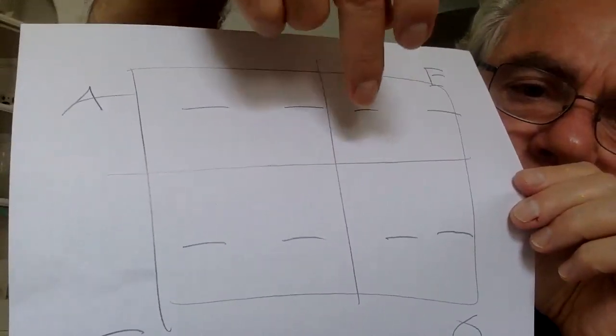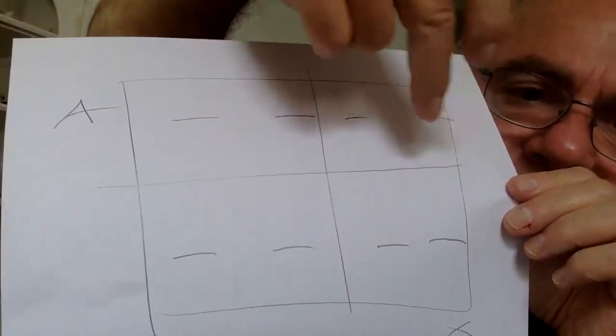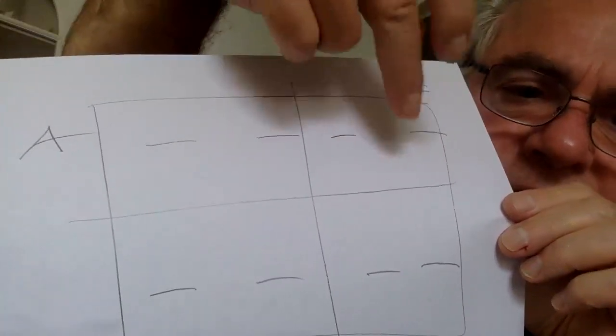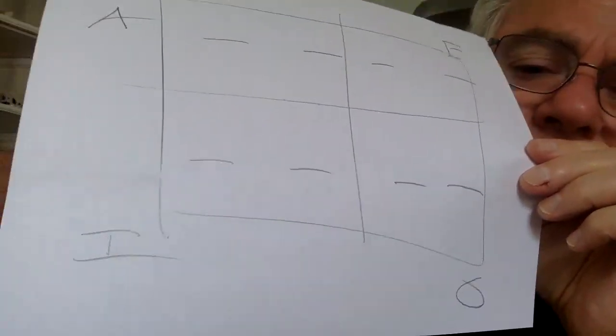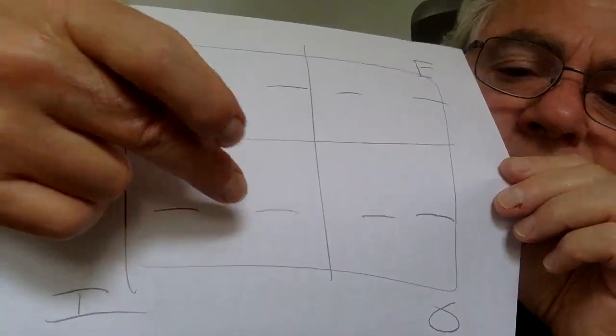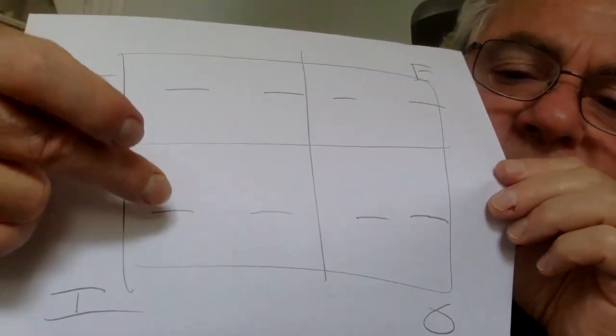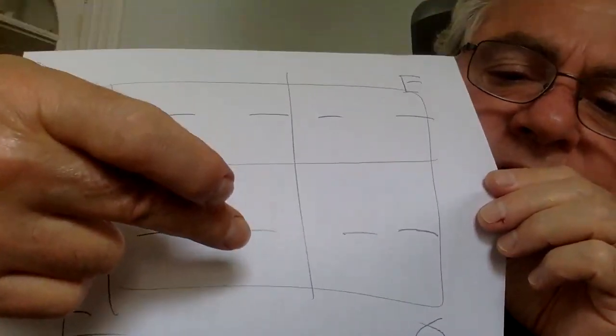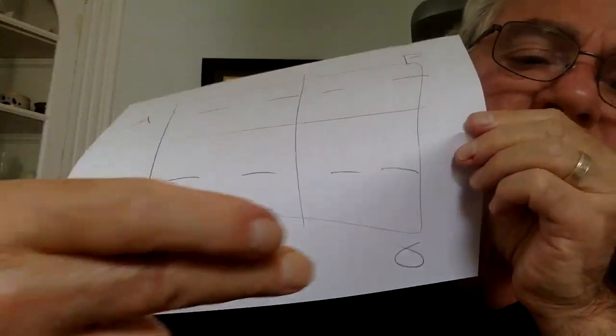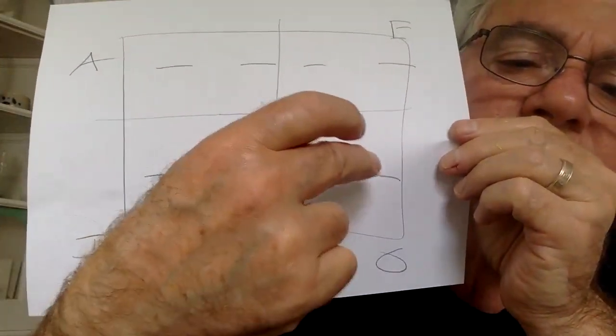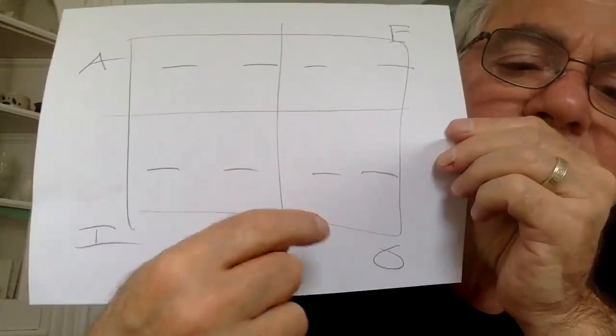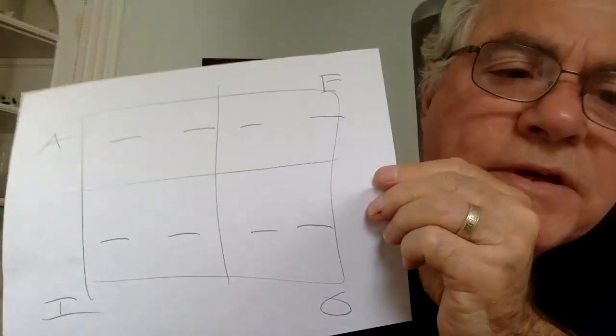E says no something is something. Now, those lines are either going to be an S, a P, or an M. And then I says some blank is blank. That's going to be an S, a P, or an M. And then the O says some blank is not blank. And those blanks are going to be S's, P's, or M's.